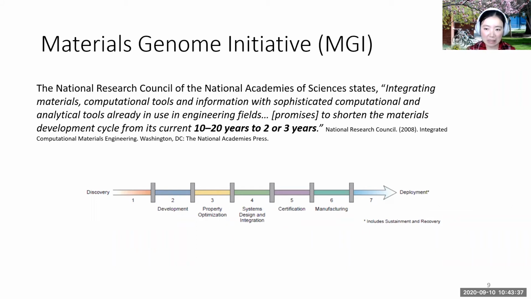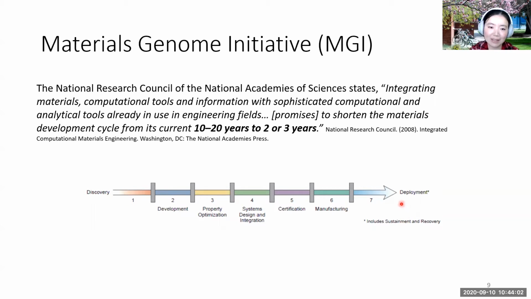So what does it mean, the material development cycle? If you discover a material from the labs, and then you can successfully synthesize it, you know the property, you know the performance very well. After that, it will take you probably up to 10 to 20 years to introduce it to the marketplace.